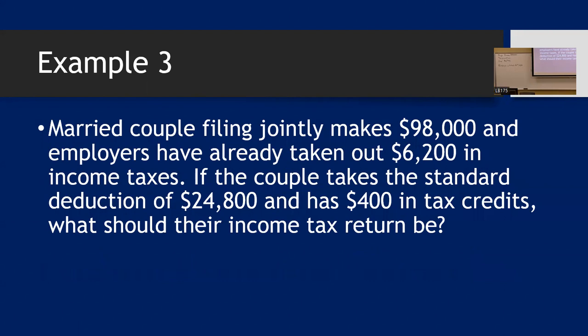So let's do one together. In this case, it says a married couple filing jointly has an income of $98,000.